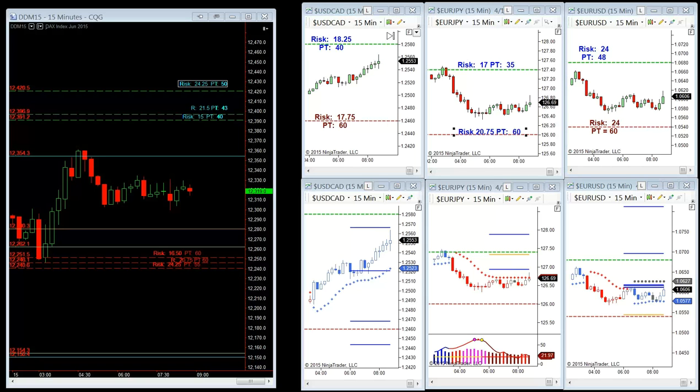And remember, I only have one on each side of the market that expires at 9 o'clock. I've got two that expire after the U.S. market opening.